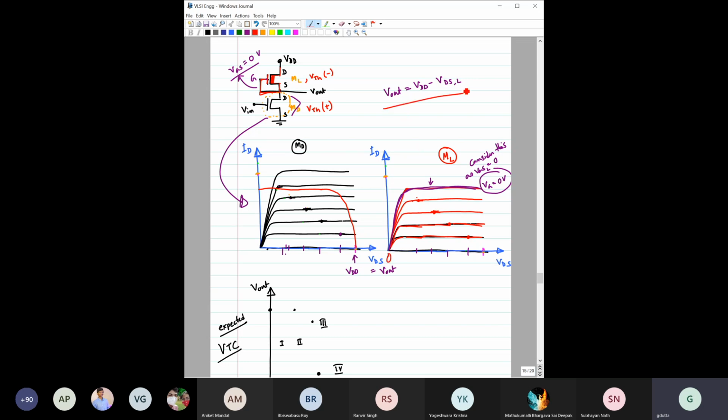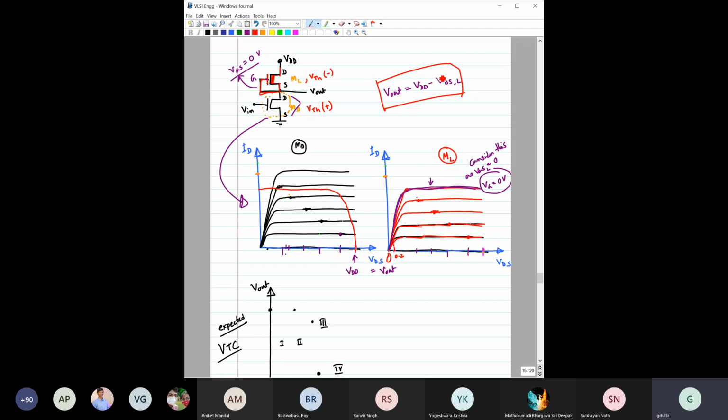If you see this equation, what we are doing is plotting these characteristics on top of these characteristics. The relation you consider here is V out equal to VDD minus VDSL. You have to substitute each and every value. For example, for VDSL equal to 0, V out would be equal to VDD, so this point would come here at VDD. Say this is at 0.2 volt, and VDD is say 5 volt.